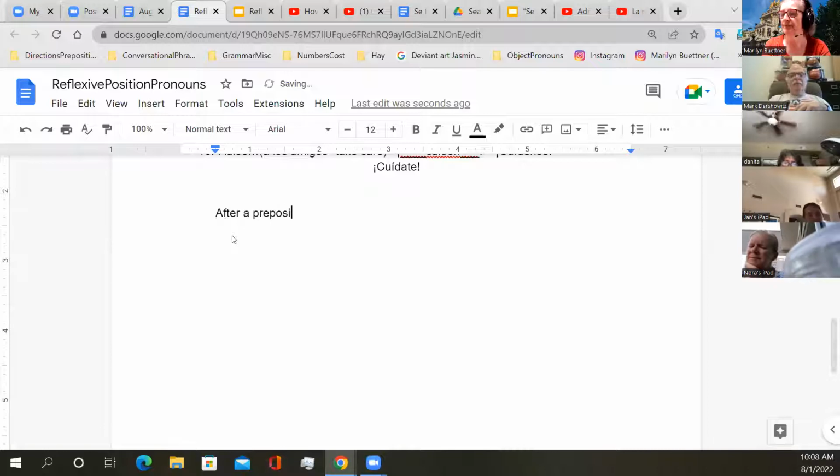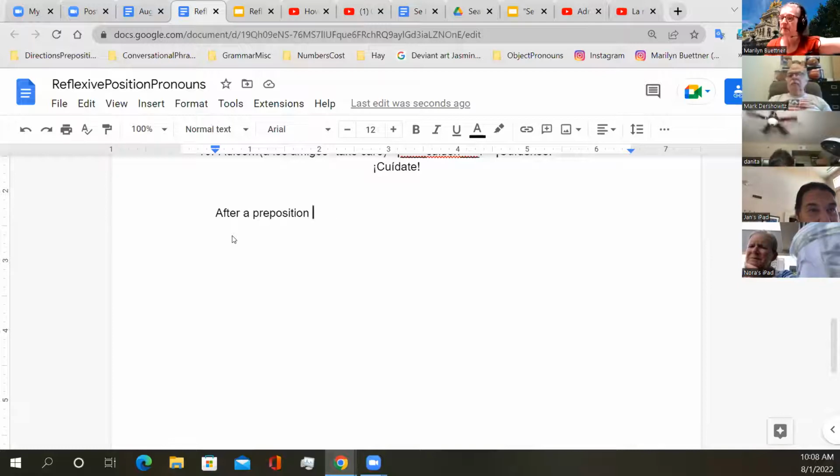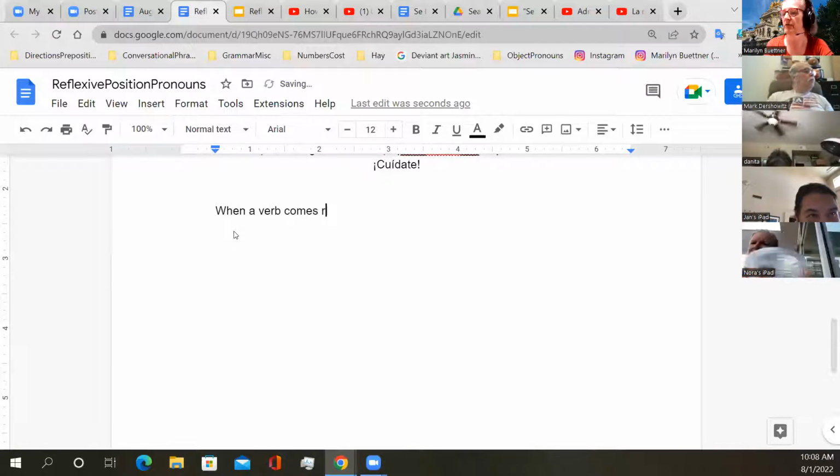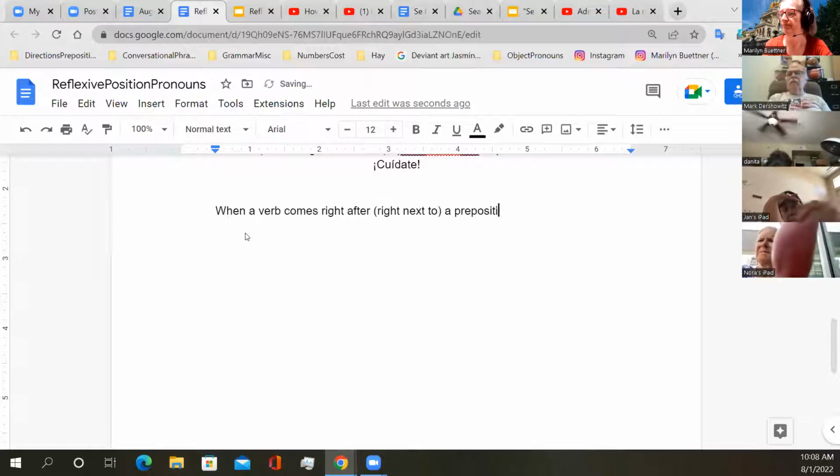After a preposition, and this is going to be a blanket 100% rule in the Spanish language, okay, after a preposition, and I'm going to change the phrasing a little bit: when a verb comes right after, right next to, a preposition, that verb must always be in its infinitive form.